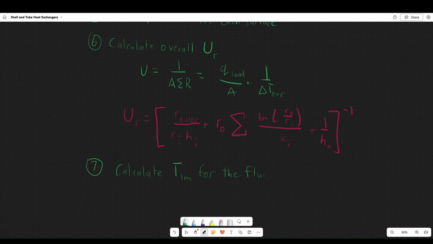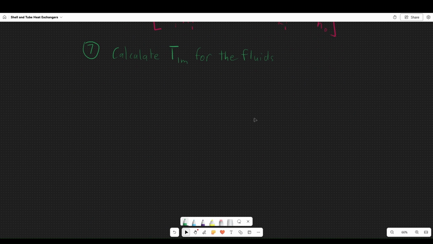Well, is that just the temperature difference in the process fluid and the utility fluid? Well, not quite. Because if we were to look at, let's say that we have co-current flow, and I was to draw a graph, let's say that this is the z-axis.